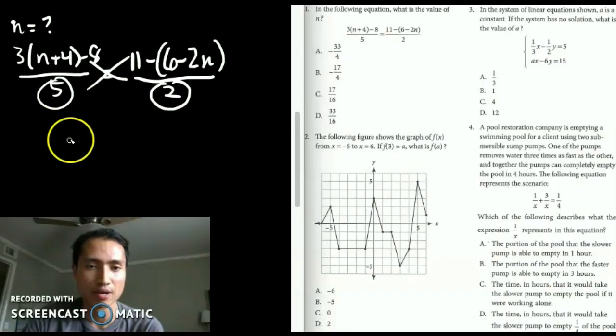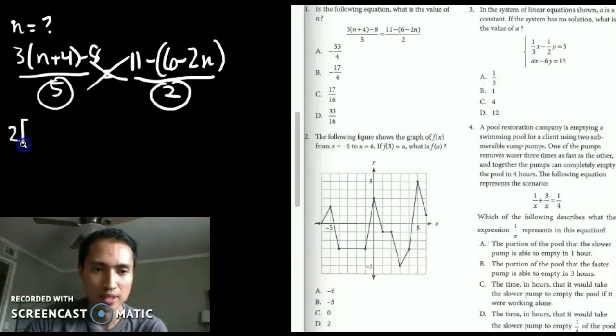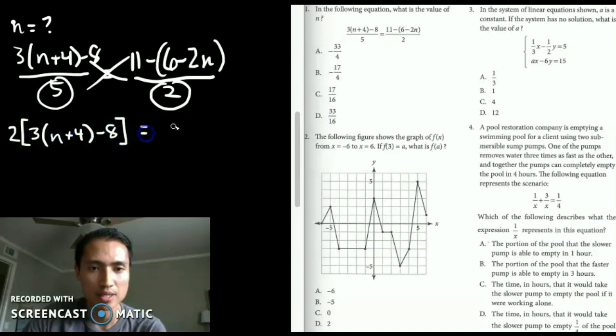What I'm going to do now is use some brackets to help us distinguish what we're looking at. So 2 times [3n plus 4 minus 8] equals 5 times [11 minus [6 minus 2n]].